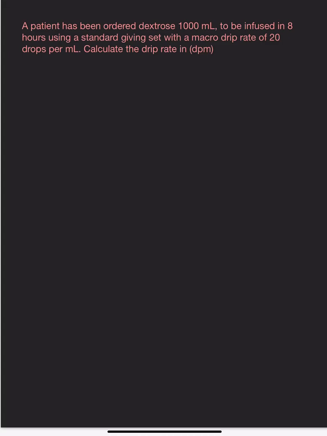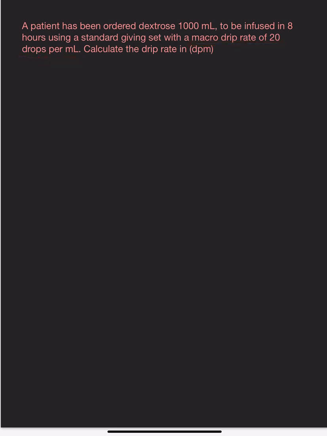So for this question that we got here, a patient requires an infusion of dextrose 1,000 milliliters, or just 1 liter, to be infused over 8 hours using a standard giving set which has a macro drip rate of 20 drops per mil.